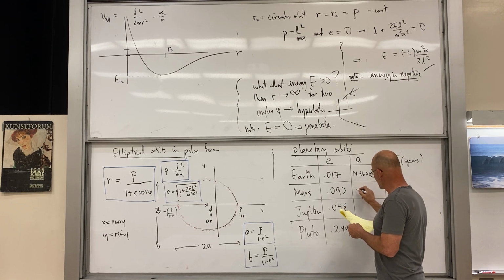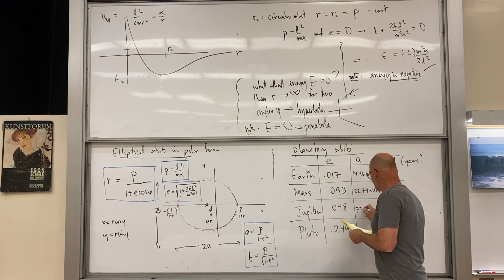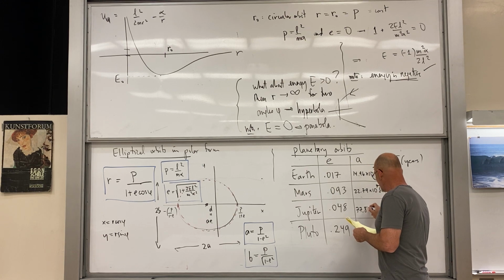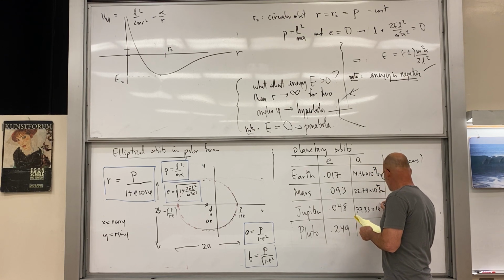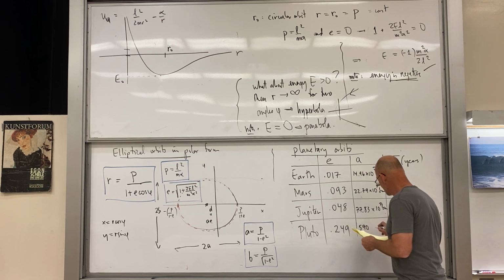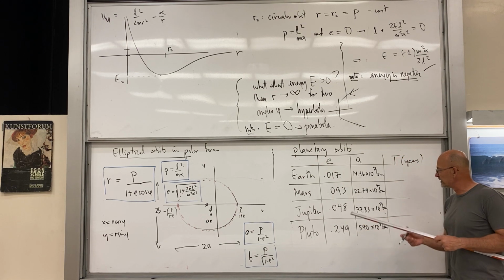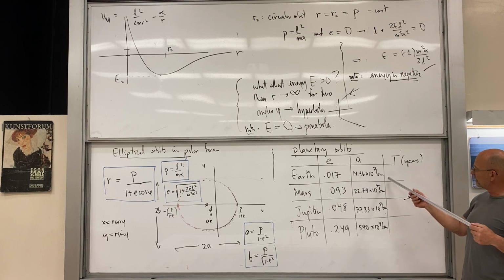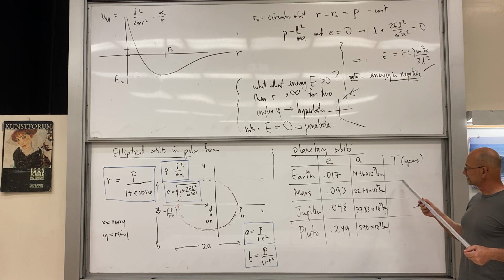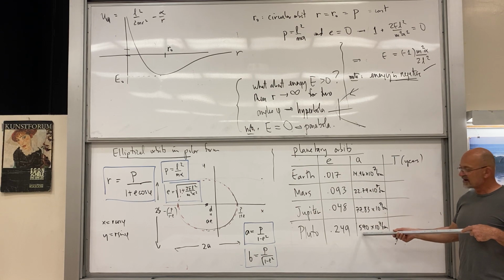I don't know why I have kilometers, but I'll go with the kilometers. 22.79 times 10 to the 7 kilometers, 77.83, 590, times 10 to the 7 kilometers. It allows us to compare these numbers. So all times 10 to the 7 kilometers or 10 to the 10 meters. That way we can compare a 14, a 22, a 77, and a 590.